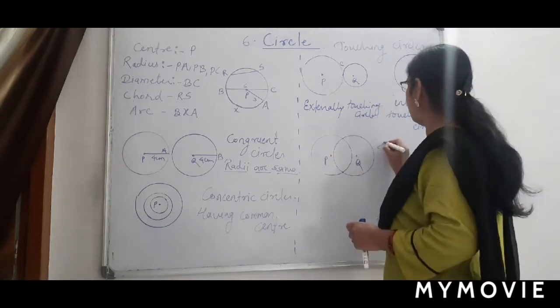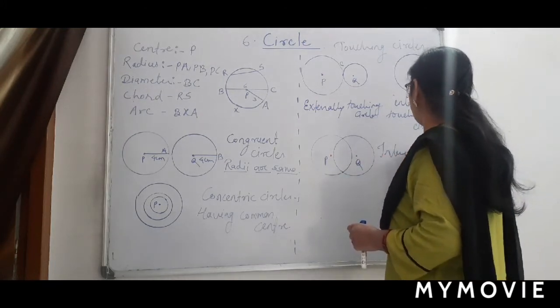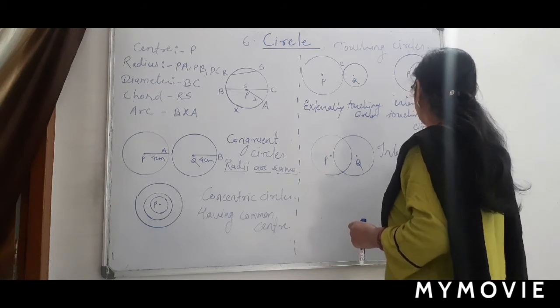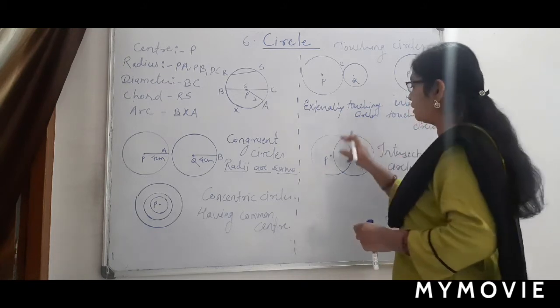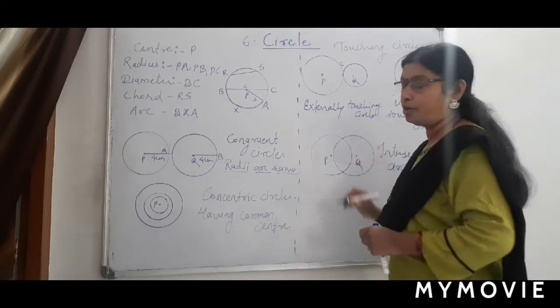Now these are intersecting circles. What is the difference between intersecting and touching circles? Intersecting circles meet at two distinct points.